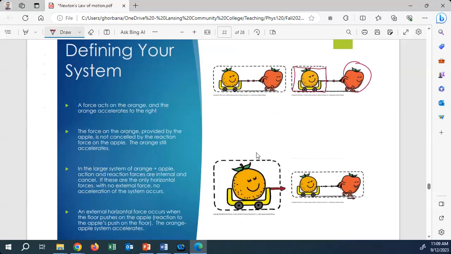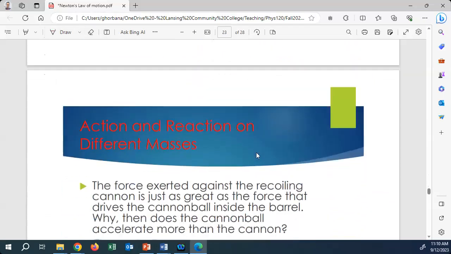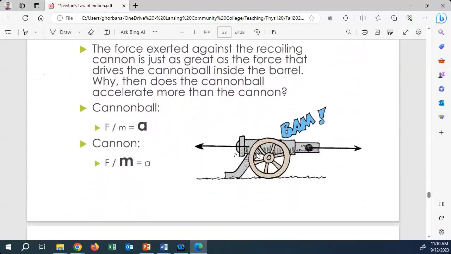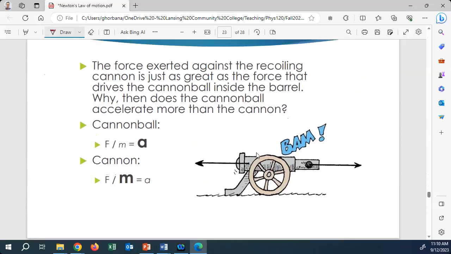Good. So why is this important? This is important here: cannon and cannonball. When you fire the cannon, how can we analyze the motion of the cannon and cannonball?